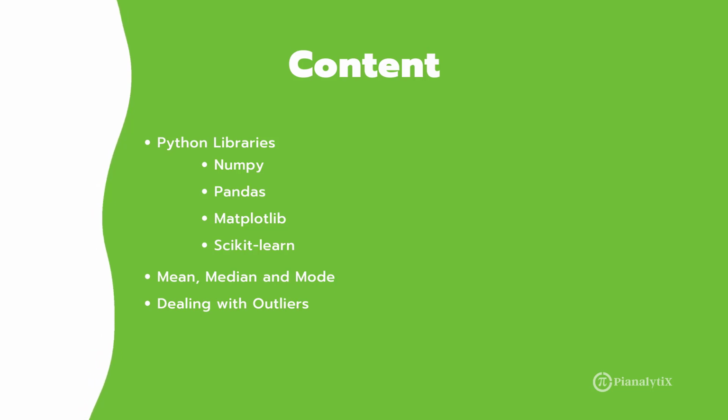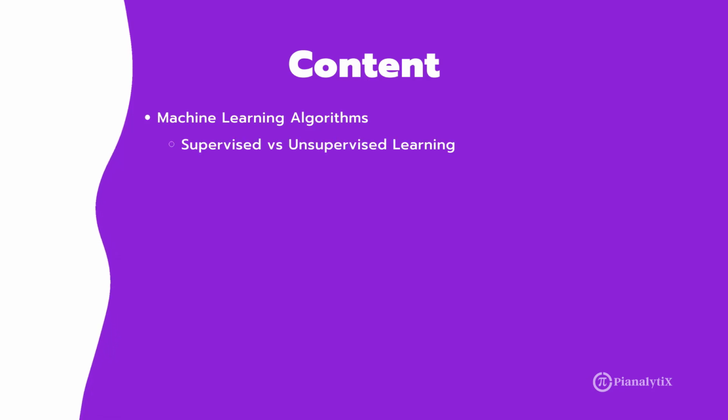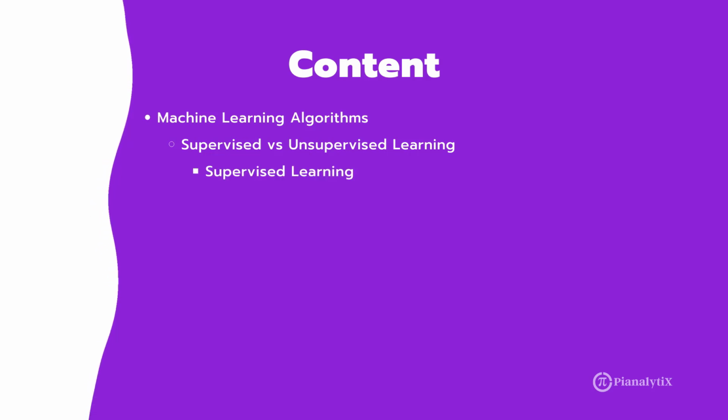Once we are done with the setup, Python, and the basic understanding of mathematics, we will move to machine learning algorithms. In machine learning algorithms, we will understand what supervised and unsupervised learning are, and the differences between them. Then we will take a deep dive into supervised learning algorithms.